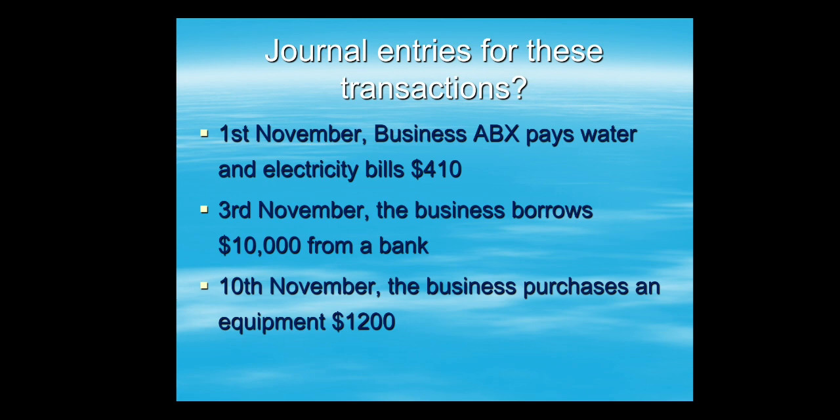Remember that equity is related to 4 accounts: capital, withdrawal, revenue, and expenses. This is an expense. The expense name is utility expenses. For this situation, the equity decreases because there is an expense of utilities. The amount is 410.